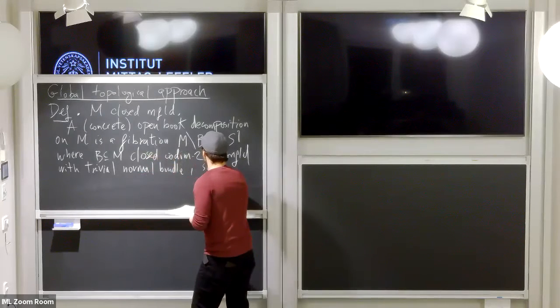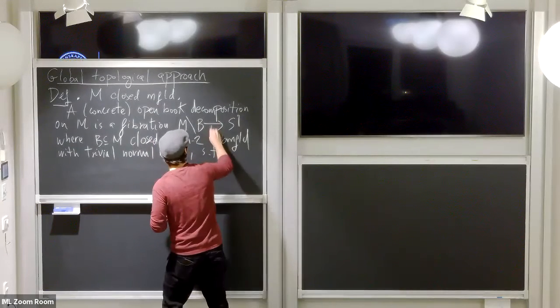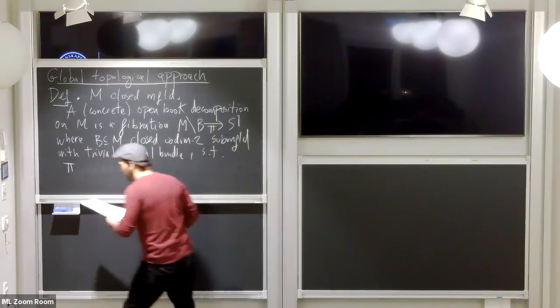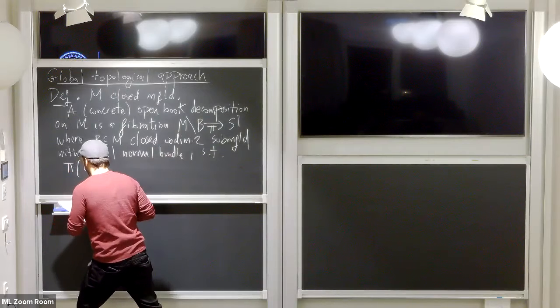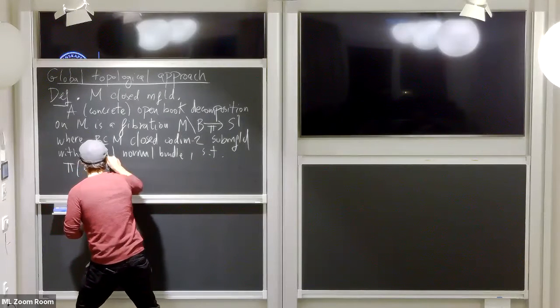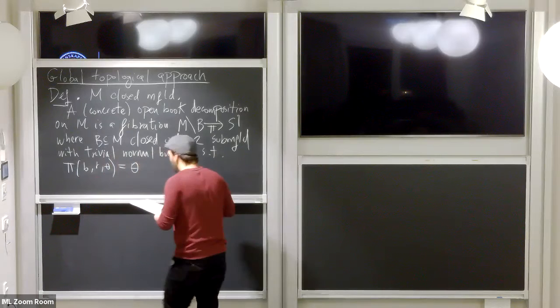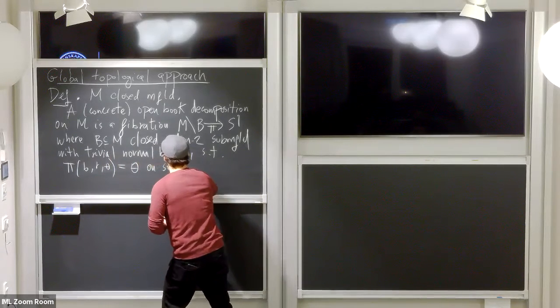And I want this fibration, I'm going to call it pi, to have a standard model near B of the following form. I can find some coordinates in which my fibration is the angle coordinate on some collar neighborhood of B.